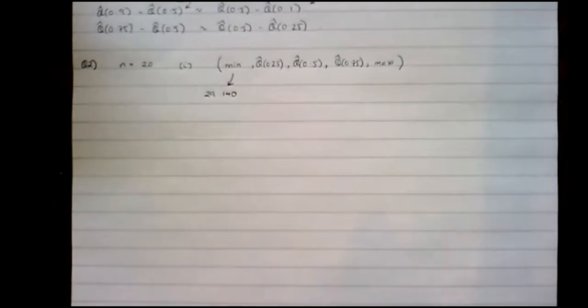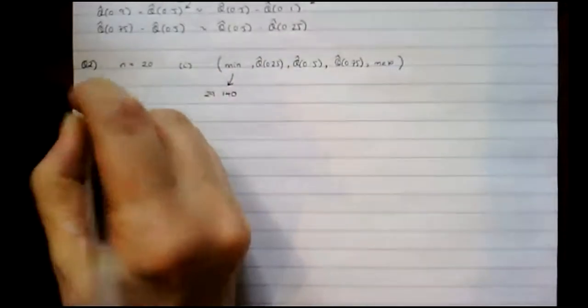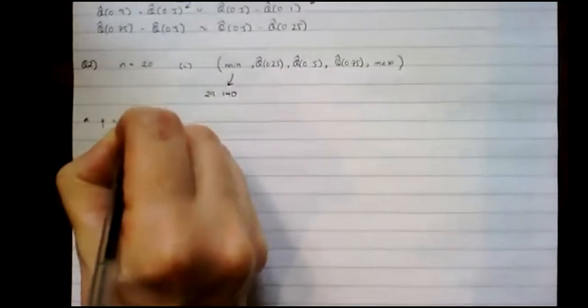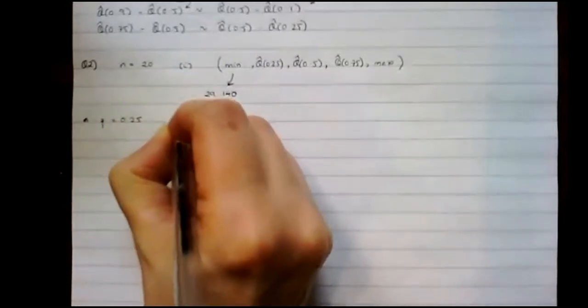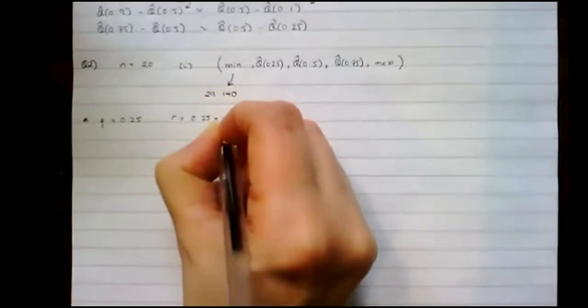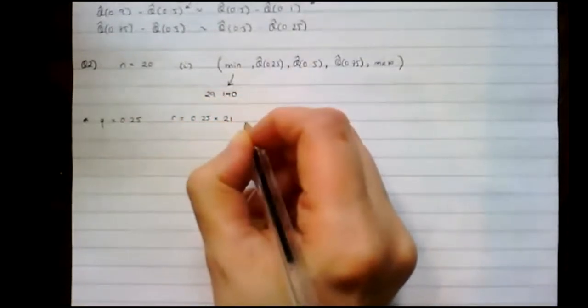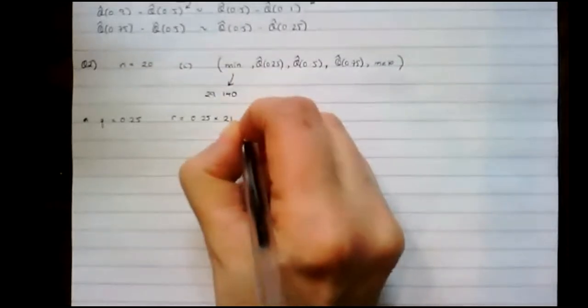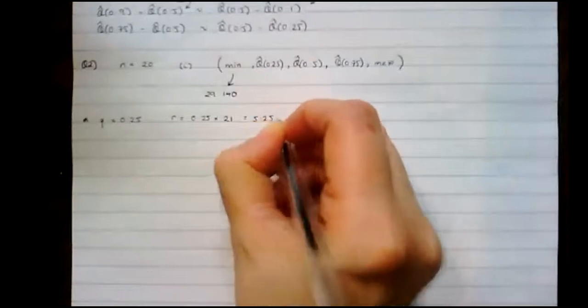So in this case, as I said, n is equal to 20. The first one we've been asked for is p is equal to 0.25. So we calculate r using 0.25 times 21, which is, one would hope, 5.25.